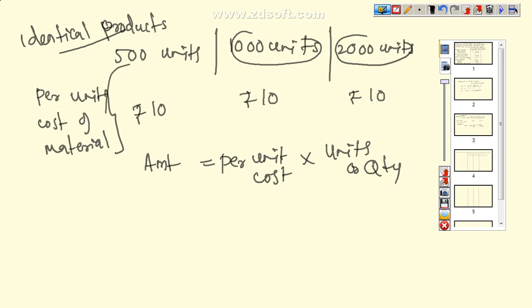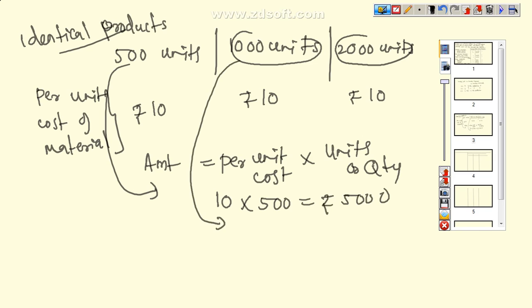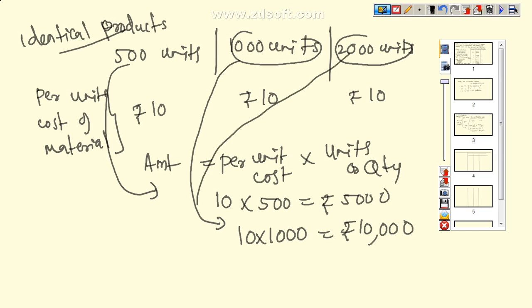Means for 500 units amount is equal to 10 multiplied by 500, that is equal to rupees 5000, and for 1000 units amount is equal to 10 multiplied by 1000, that is equal to rupees 10,000, and for 2000 units amount is equal to 10 multiplied by 2000, that is equal to 20,000.